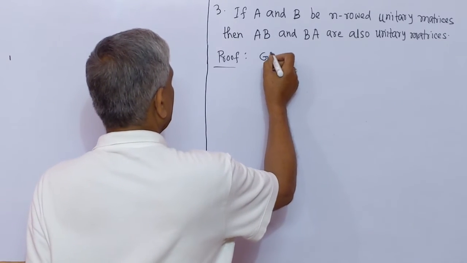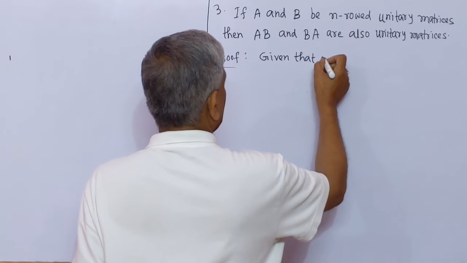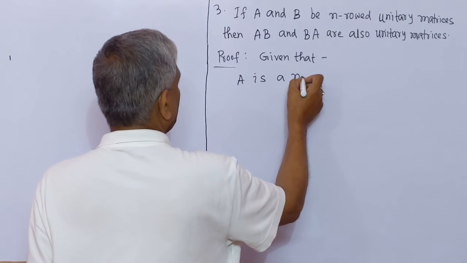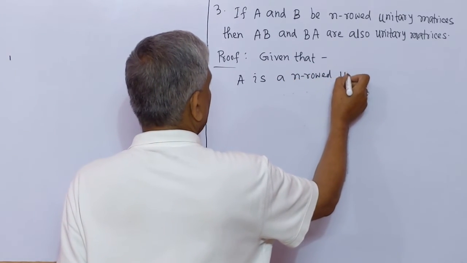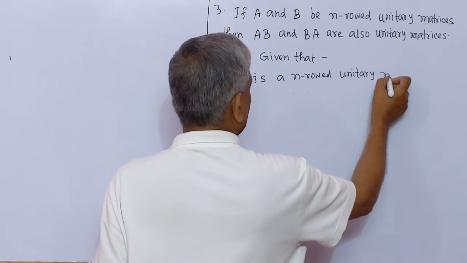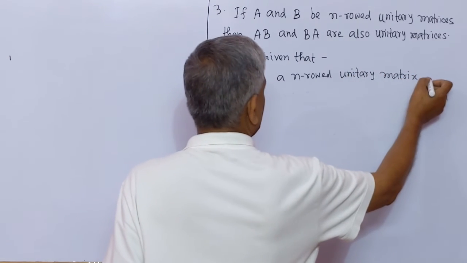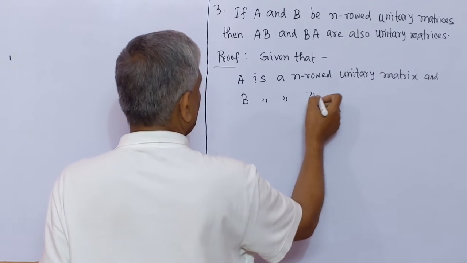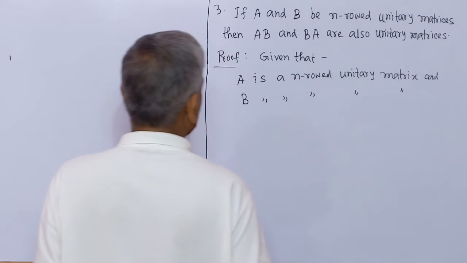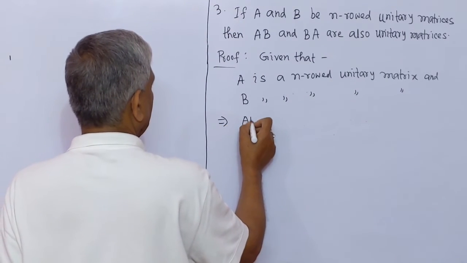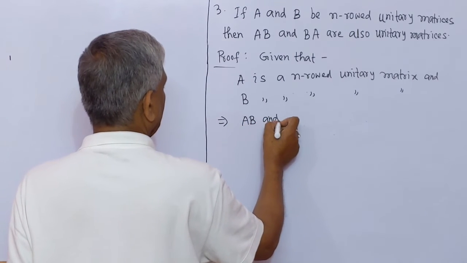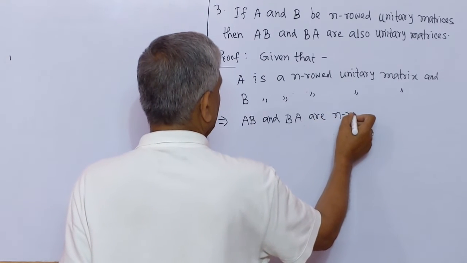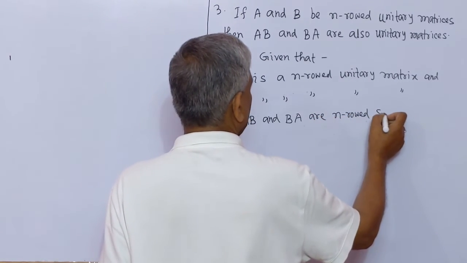Given that A is an n-rowed unitary matrix and B is an n-rowed unitary matrix, implies that AB and BA are n-rowed square matrices.